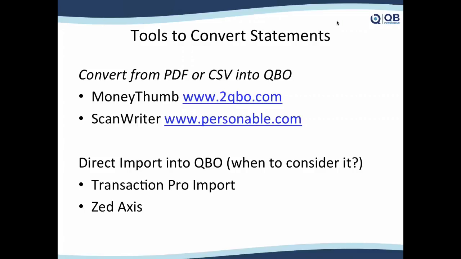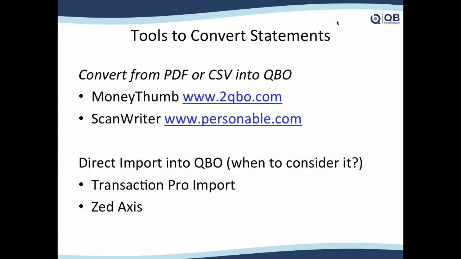In some cases, people say, "Hey, I have a CSV file with all my bank information, and the payee in my Excel file matches my payee in QuickBooks, and my CSV file also happens to have the account category on it." So if you have a spreadsheet that contains all the bank information plus the chart of accounts account, and it matches your QuickBooks file, then maybe you want to consider just doing a direct import. It's going to be much faster anyway because I don't have to do bank rules.